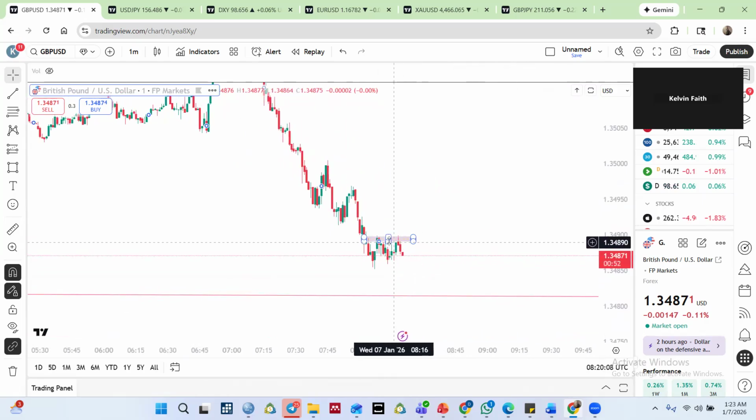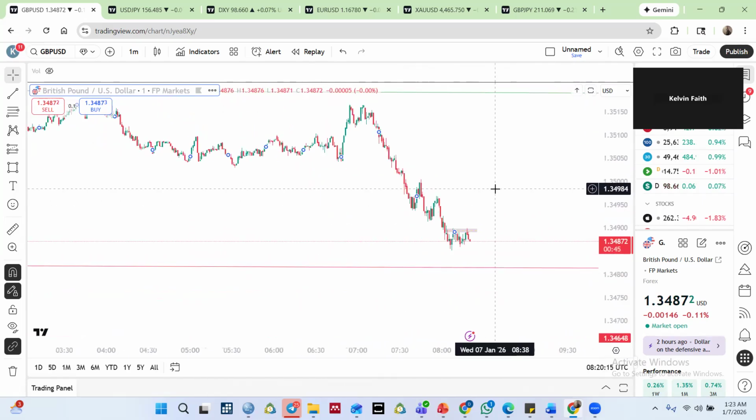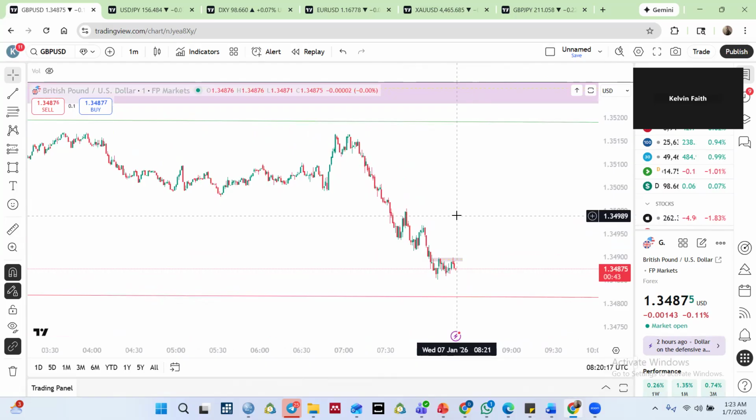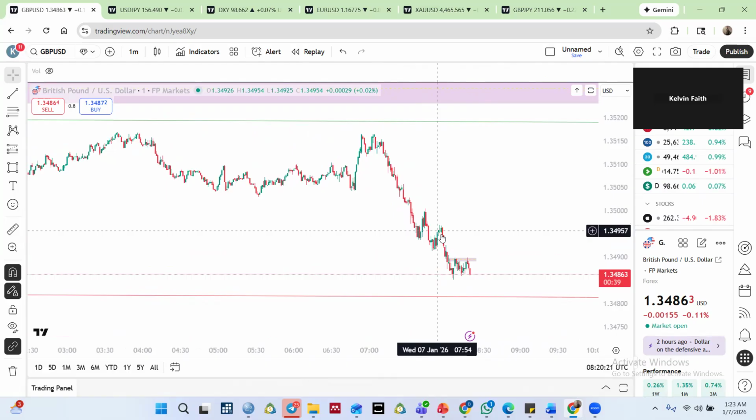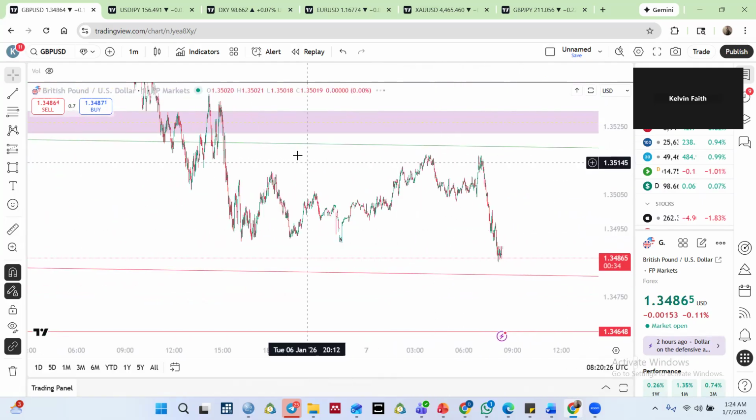On the 1 minute, there is no bullish structure. Everything shows it's bearish: 1 minute bearish, 5 minute bearish, 15-minute bearish, 30-minute bearish, 1 hour bearish, and the 4 hour is also looking like a bearish engulfing, but we don't have a bearish break of structure yet.